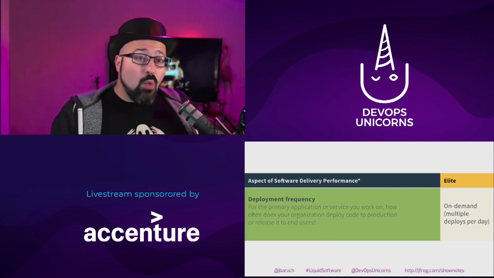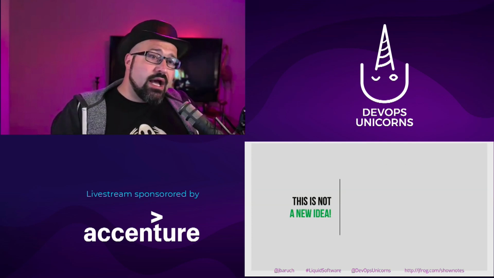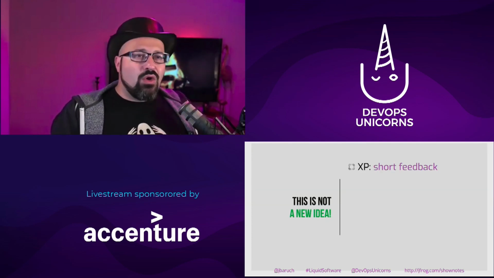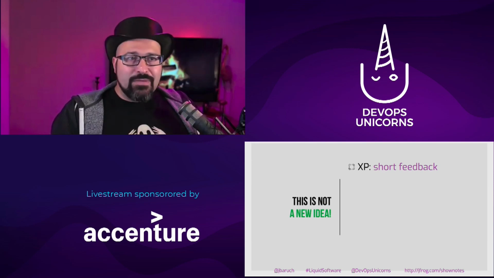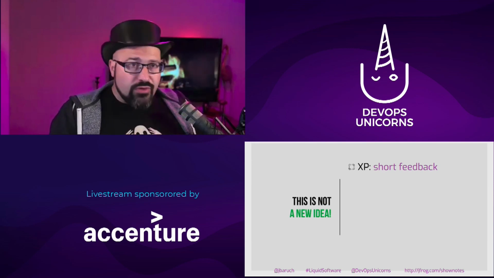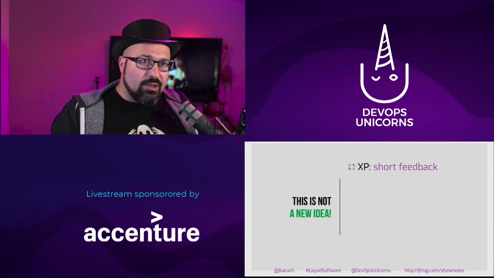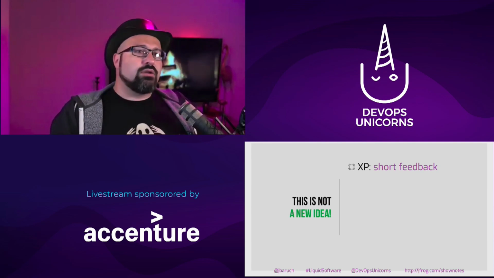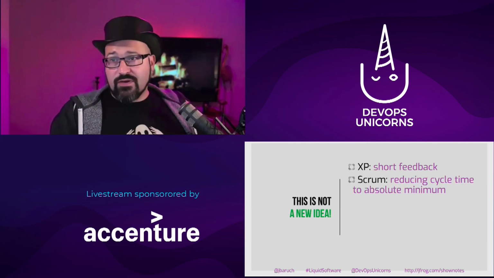How come? Well, that's because it's not a new idea. You can see how it traces back all the way to extreme programming in 1998, 22 years ago, 23 years ago by now: short feedback. That was what extreme programming advocated. All the agile methodologies are talking about shortening the feedback, releasing faster.